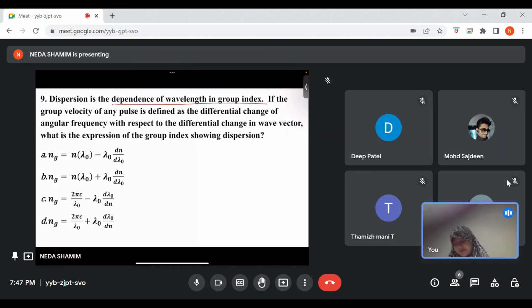The group velocity of any pulse is defined as the differential change in the angular frequency with respect to the differential change in the wave vector.